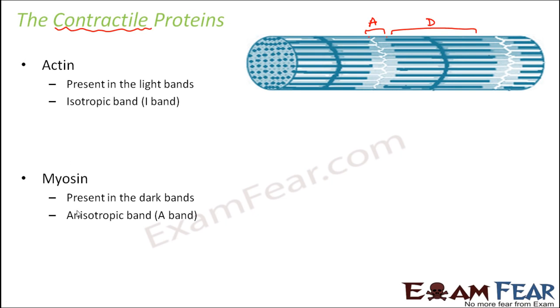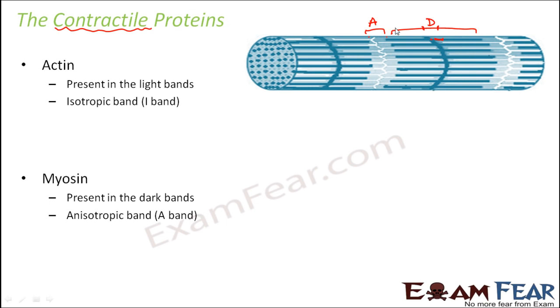Whereas myosin forms the anisotropic band. That is because if you look at the dark band, the middle portion of the dark band is all dark. Here it is only dark blue, here also only dark blue. But beyond this, you have both dark blue as well as white. So the middle portion of the dark band is all pure myosin, maybe only this much portion, but beyond this it is a combination of myosin and actin.